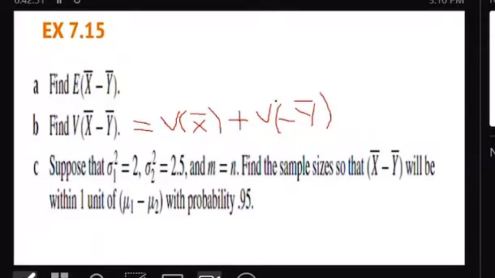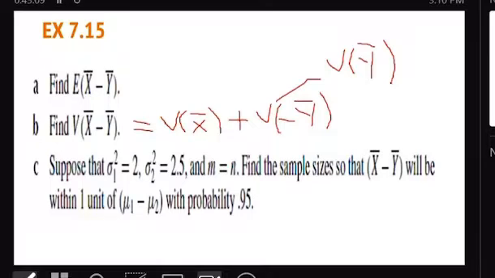Of course, V of negative Y bar is also V of Y bar, because the negative is like a negative 1 squared. And the covariance is just going to be 0.